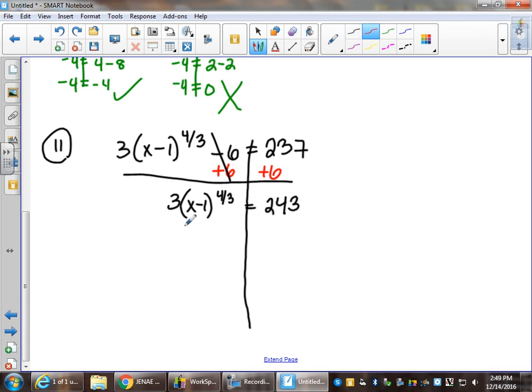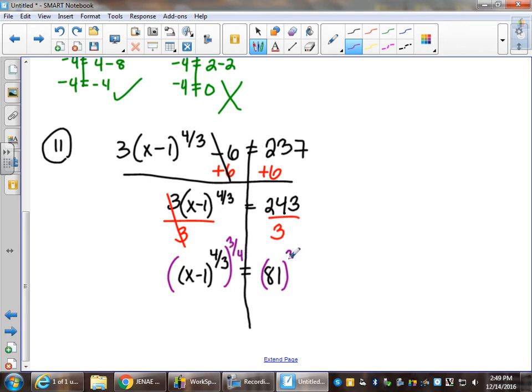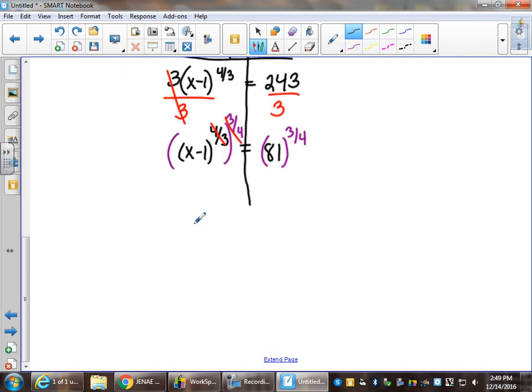We'll divide both sides by 3 to continue isolating this term. 243 divided by 3 is 81. We're now ready to raise both sides to the 3/4 power, because 4/3 times 3/4 will cancel, leaving x minus 1 equals.